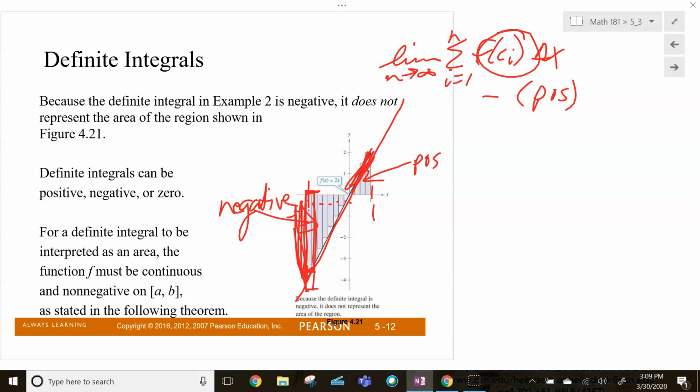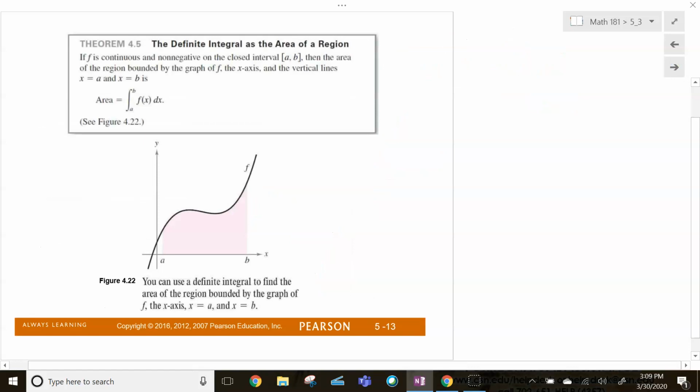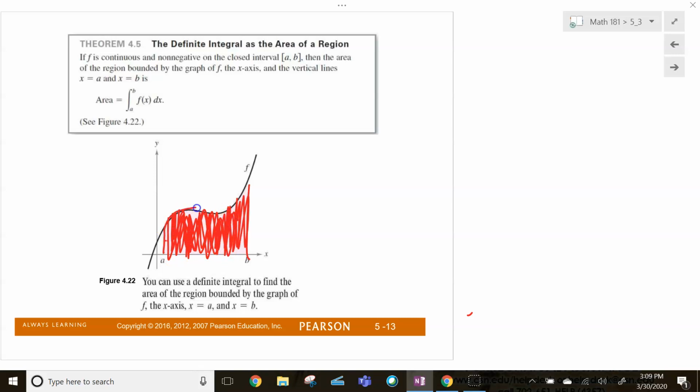The y values there. So this is not representing the area of the region. Okay. You have to be positive to be representing the area under the curve. So from a to b, you're finding the area under the curve right there. Again, that's because you're positive. Okay, so you got to be positive.